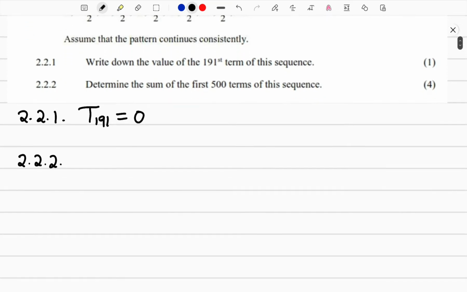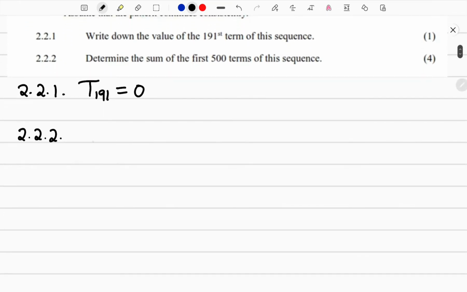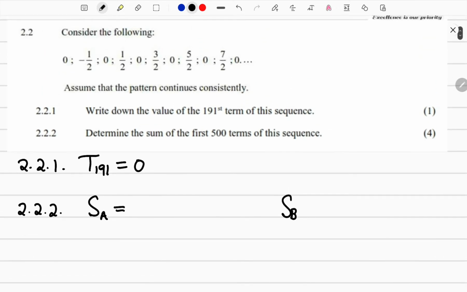So this is what we can do. I'll make this as A, and I'll write the other one as B. A is for the one which is given by zeros there.